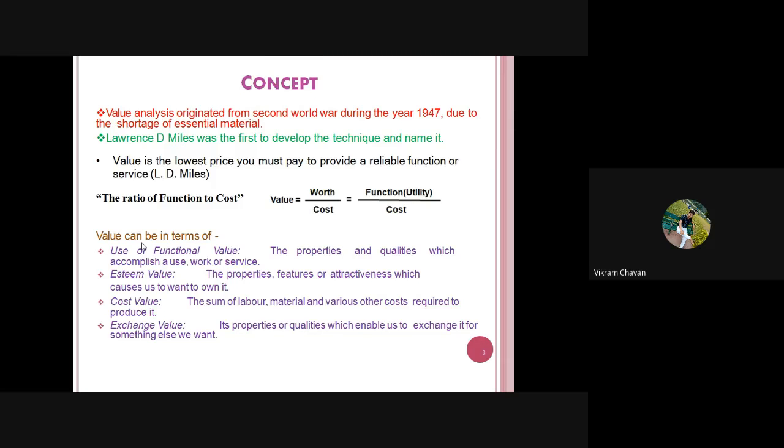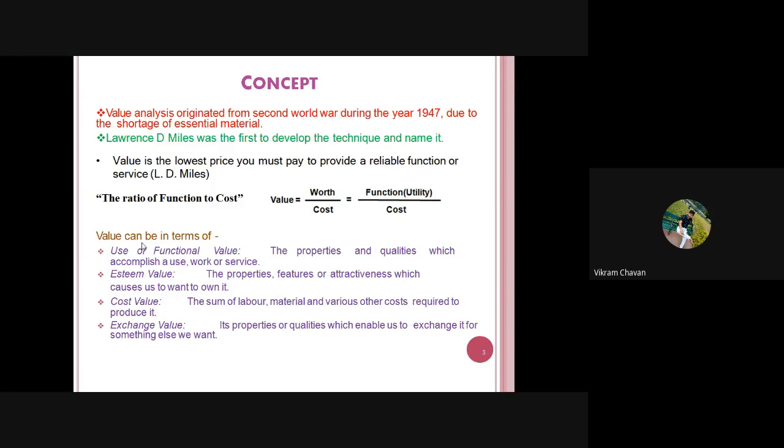Then exchange value. If you have produced a product for 100 Indian rupees and you want to sell it in America or Europe, you have to take dollars and exchange the money from dollars to rupees.